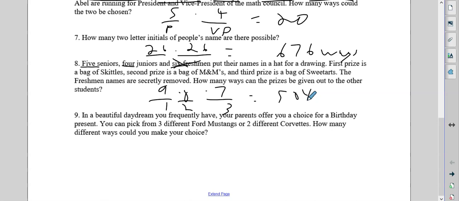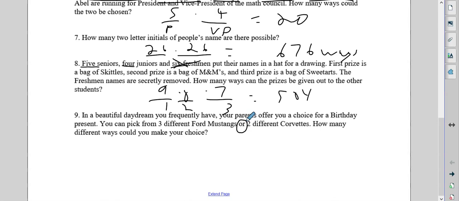In a beautiful daydream you frequently have, your parents offer you a choice of a birthday present. You can pick from 3 different Ford Mustangs or 2 different Corvettes. How many different ways can you make your choice? Now, the key word here is or, and we're going to get at that in the next section, but this is kind of a teaser. You have a choice between 3 different Mustangs and 2 different Corvettes.